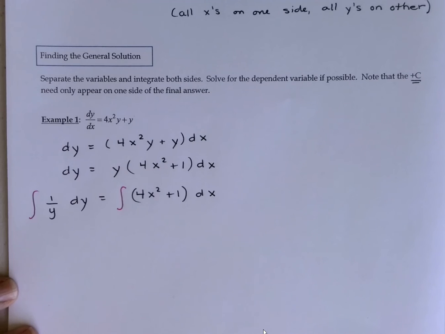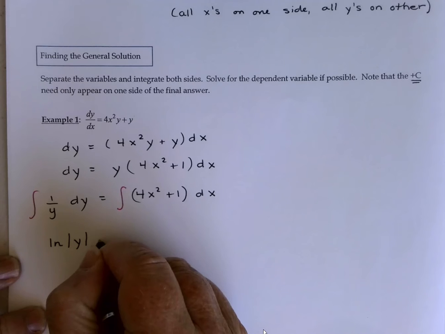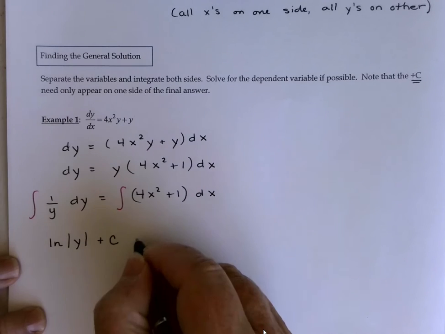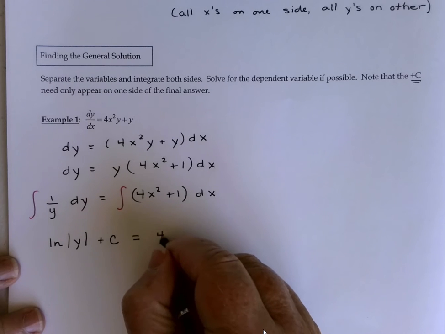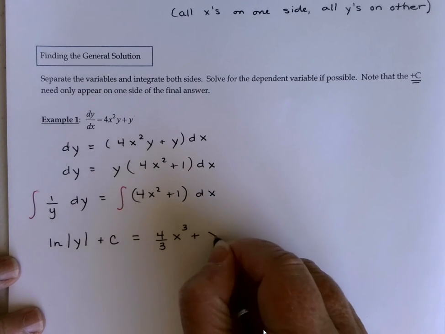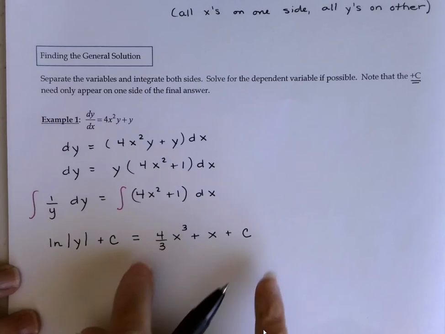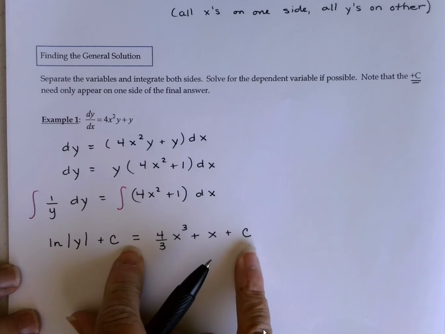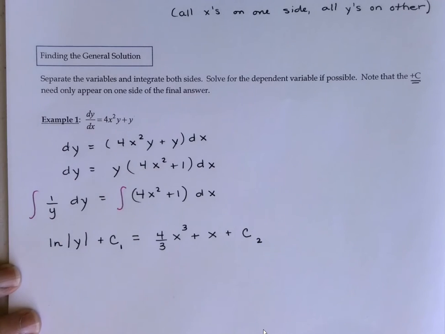Of course, the integral of 1 over y dy would be the natural log of y plus c. And on the right-hand side, I would have 4/3 x cubed plus x, and again plus c. Now these are two different constants of integration, so maybe I'll label them C1 and C2.